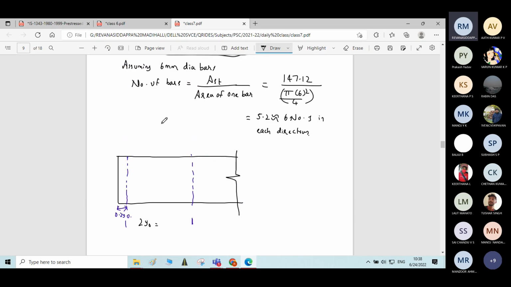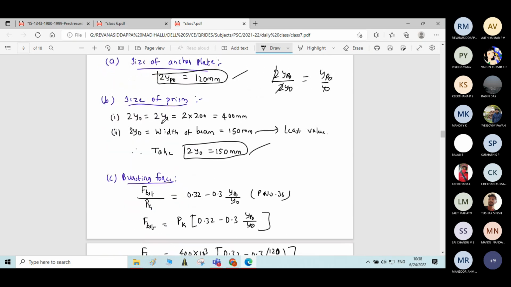How much did you get for 2 y naught? 150 mm.